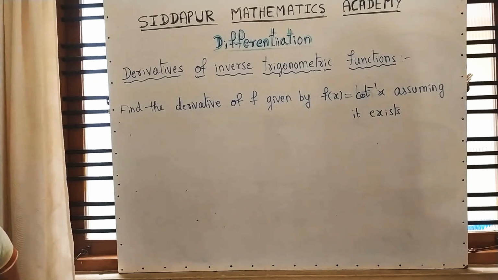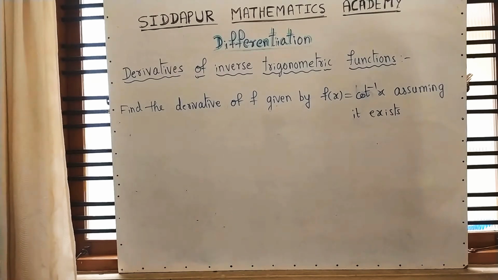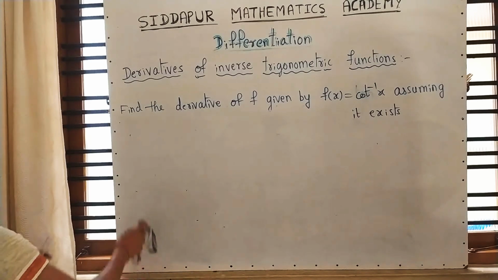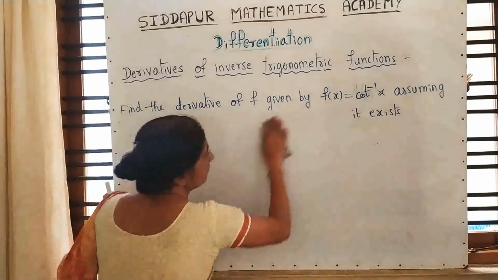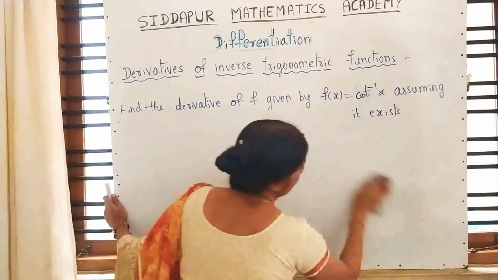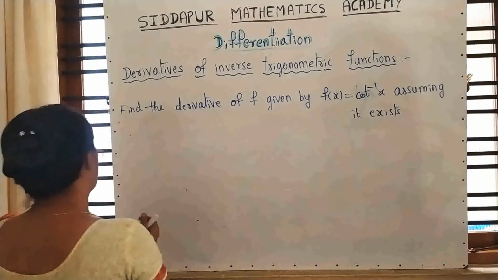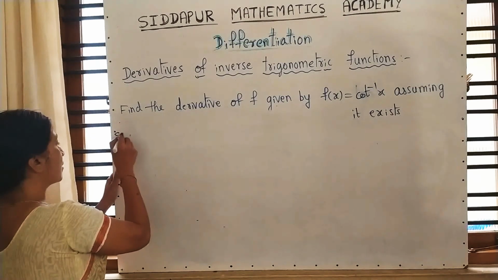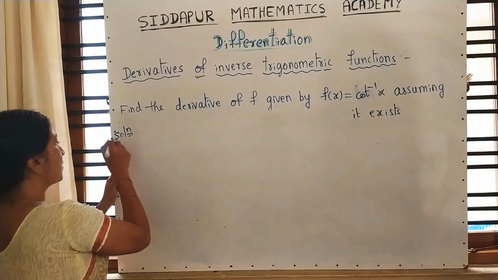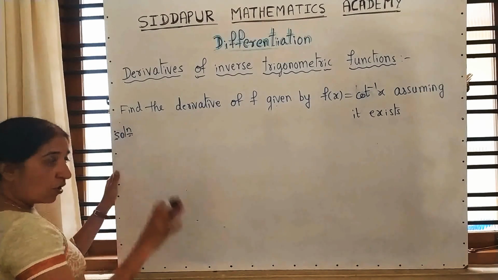All the examples are very simple and it is interesting also if you know the concept. And finally we'll find one important connection. First, to see that important result, first derive all the 6 formulas.